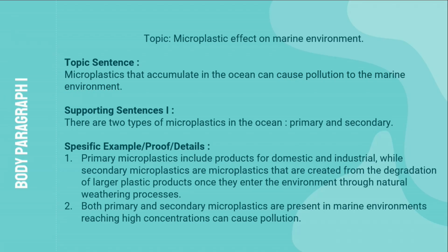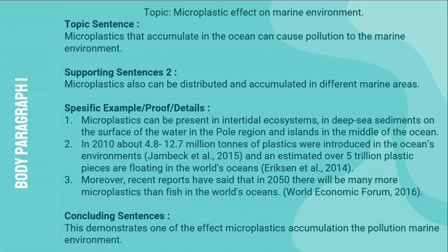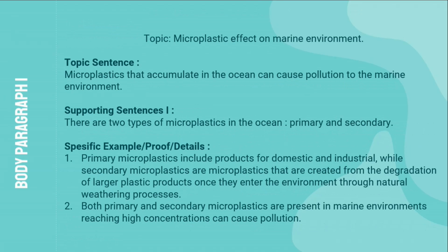Next is the supporting sentence. Body paragraph 1 has two supporting sentences. The first supporting sentence is about the types of microplastic. There are two types of microplastic in the ocean, primary and secondary.